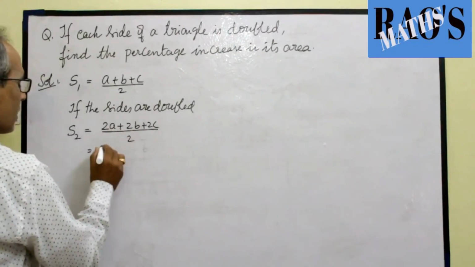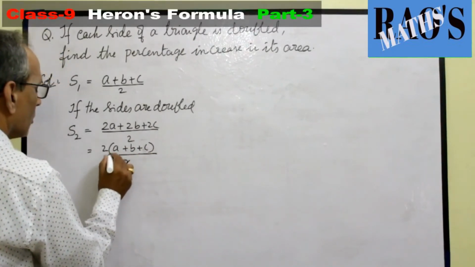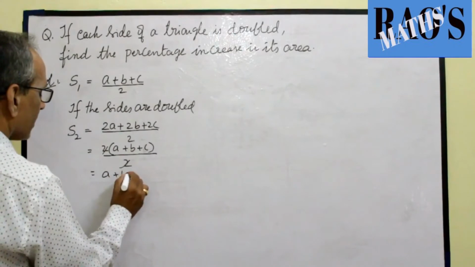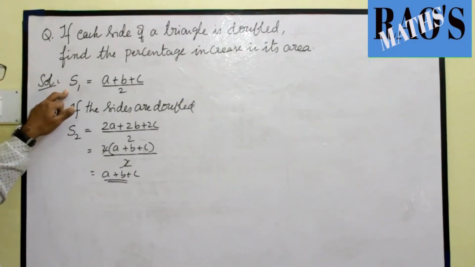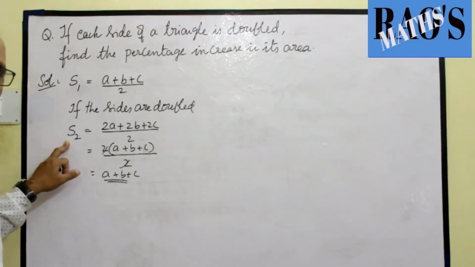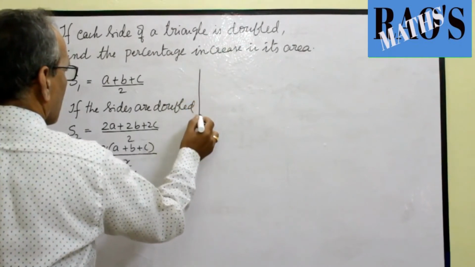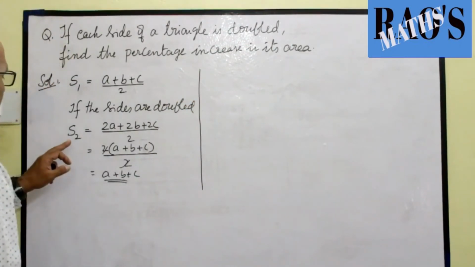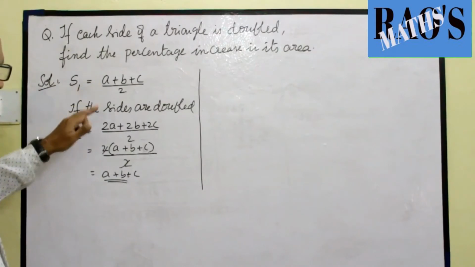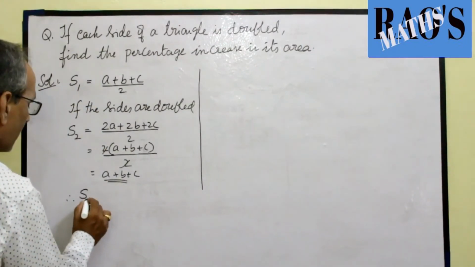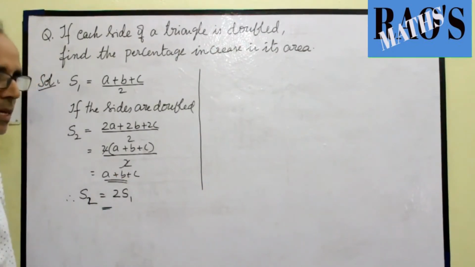If I factorize the numerator, that is 2 of (A plus B plus C) by 2, of course it is A plus B plus C. Semi-perimeter of first triangle is (A plus B plus C) by 2, whereas semi-perimeter of second triangle is A plus B plus C. So I can say S2 is 2 times S1. Clear? 2 times S1.